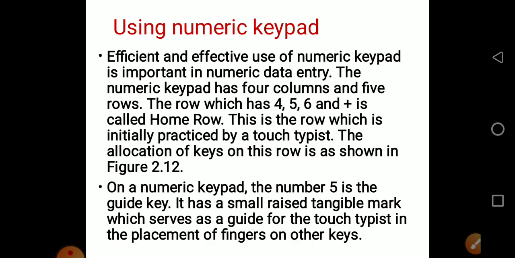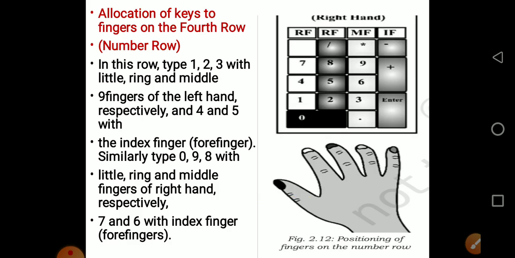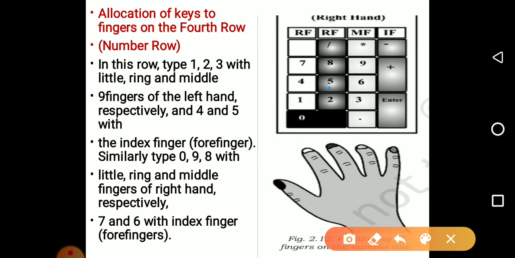On a numeric keypad, the number 5 is the guide key. It has a small raised tangible mark which serves as a guide for the touch typist in the placement of fingers on other keys. 5 is in the middle, so it serves as the guide key.